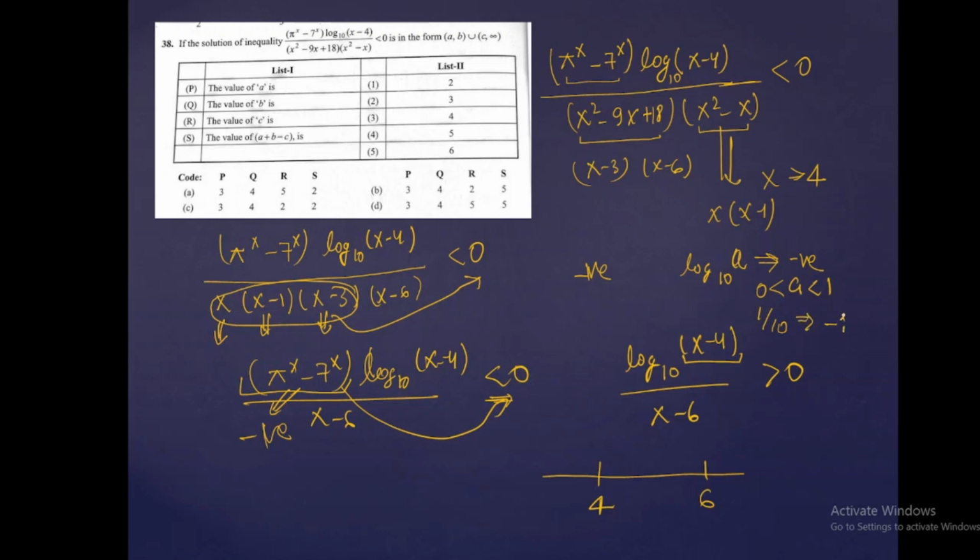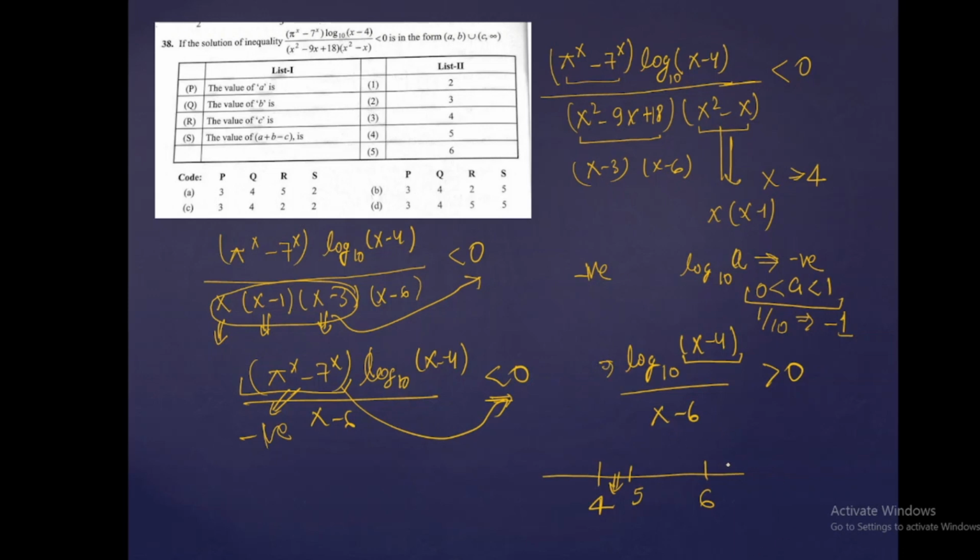You must be aware that its value will be minus 1, because log base 10 of 1 by 10 will be minus 1. So basically whenever a lies between 0 and 1, its value will be negative. So we need to have a lesser than 5. So you can see that 5 will also be a critical point, because when x is from 4 to 5, this will be negative because the log will be negative, right?